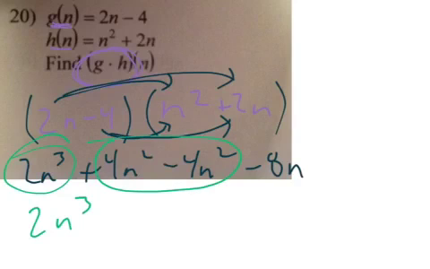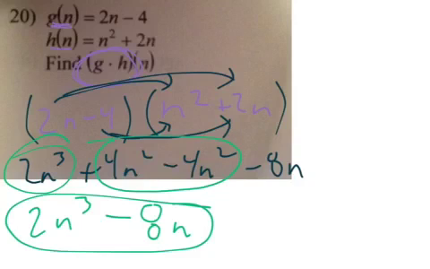Whoa, what's 4 minus 4? 4 minus 4 is 0. We have no more n squareds. And then, of course, the only thing left is minus 8n. So what we just did was multiply g times h and got g times h of n. So pause the video and make sure you understand this and take good notes before we move on.